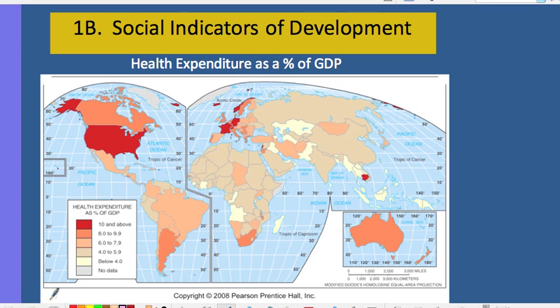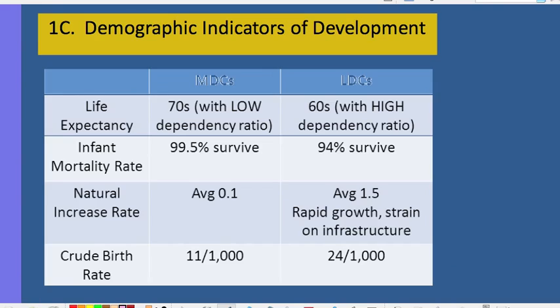All right, to move on to the last little bit, demographic indicators. We've talked about this when we did chapter 2. Life expectancy usually is very high, 70 and older in MDCs, and tends to be 60s or less in LDCs. So people tend to live longer, and life expectancy definitely is an indicator of development.